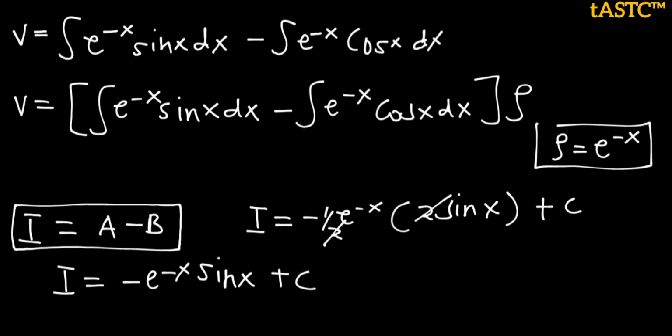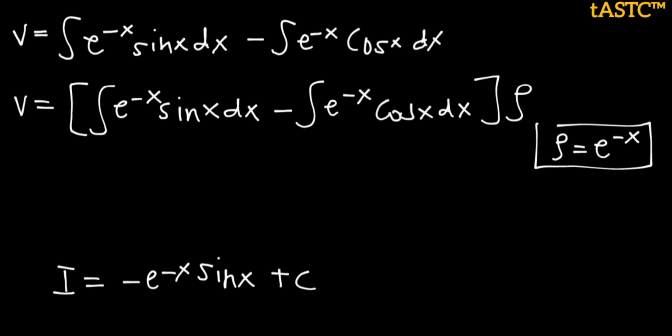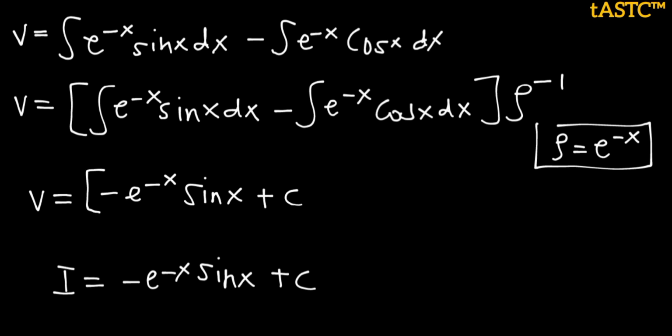So we're just going to take all these and plug them back and find what that is going to give. This should be a rho to the negative 1. So v, this whole stuff is equal to this. So that is negative e to the negative x sine x plus c.